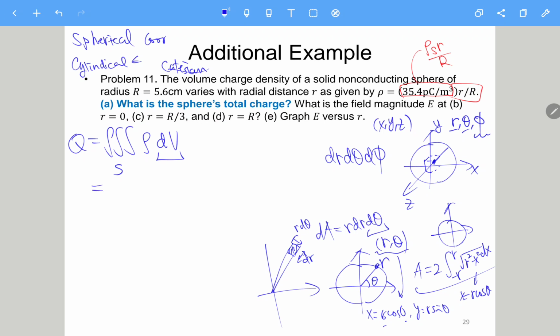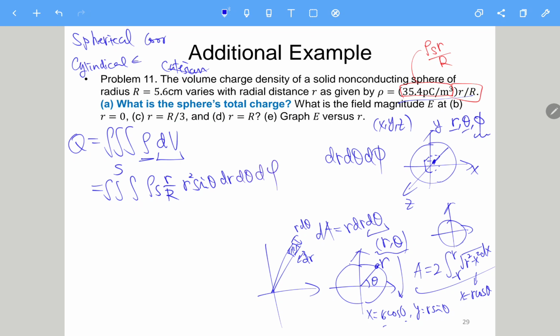So here we can have a triple integration, and rho is this thing: rho s times small r over capital R. We plug this in, and dV will be r squared sine of theta dr d theta d phi.